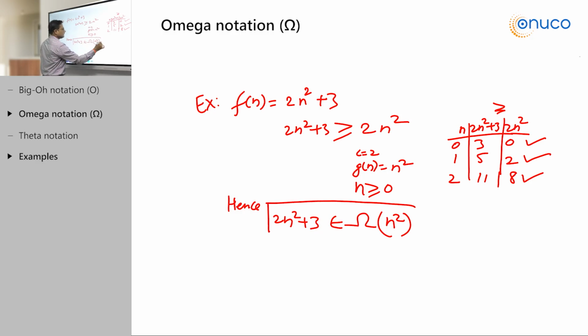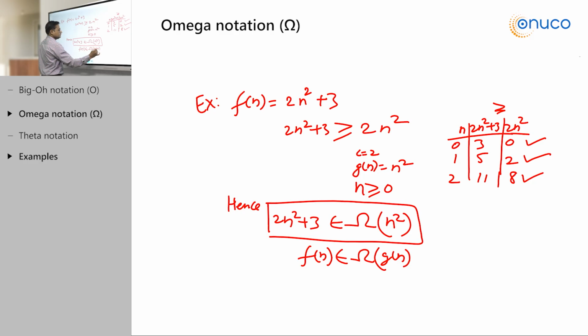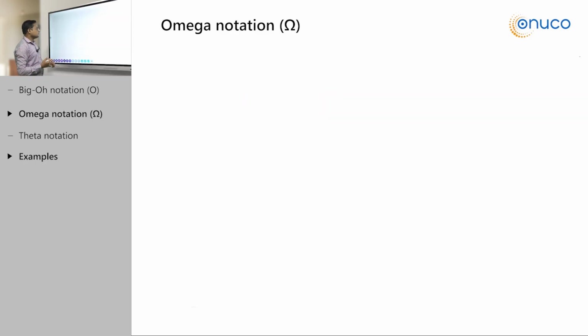As I said, you don't write the constant along with g of n. Or you can say f of n belongs to big omega of g of n. So this is all about omega notation, and as I said, omega notation is used to denote best case efficiency.